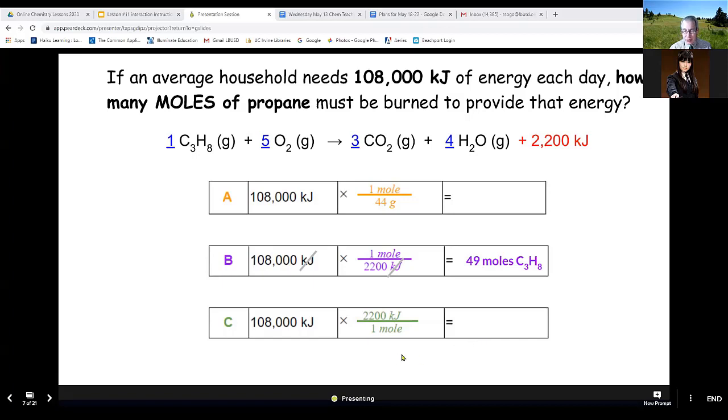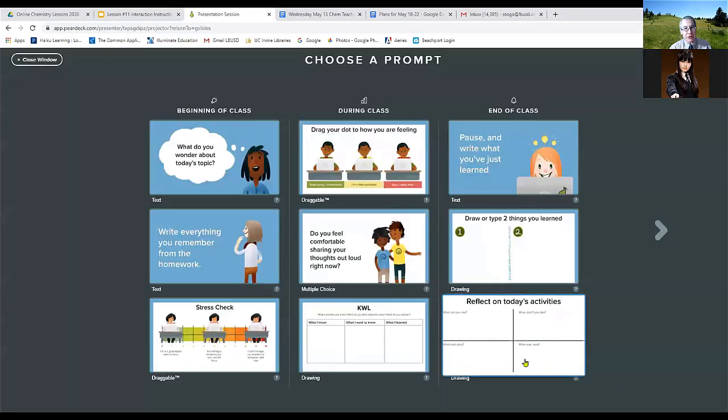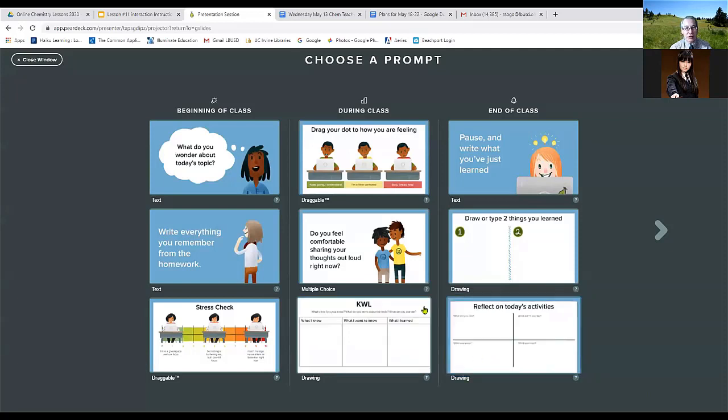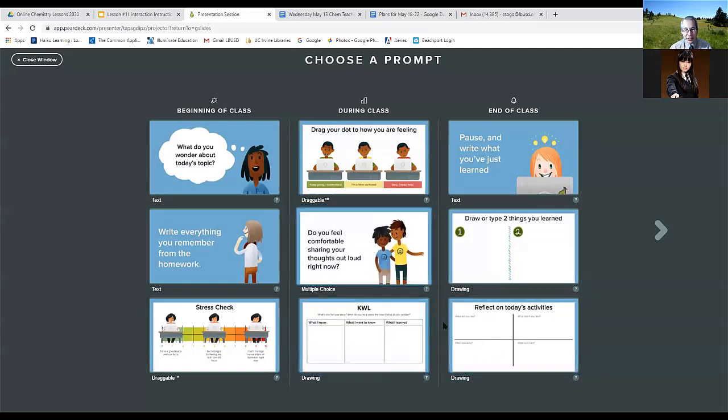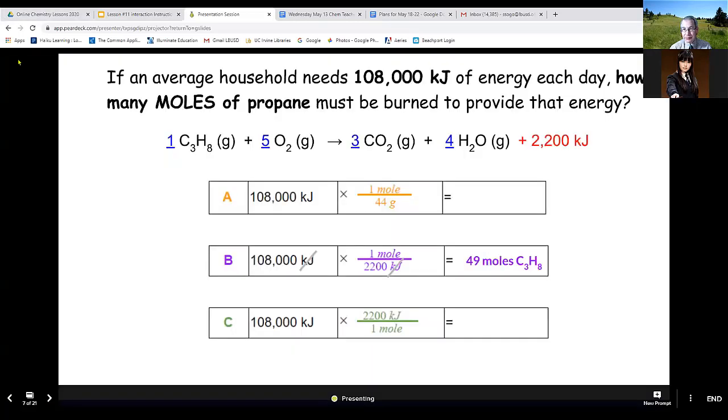I should have put a slide. Ooh, let's see if I can put a slide. I don't want any of these silly things. Okay, maybe that's not what I want to do. Because I should have put a slide saying, tell me if you have any question at this point.